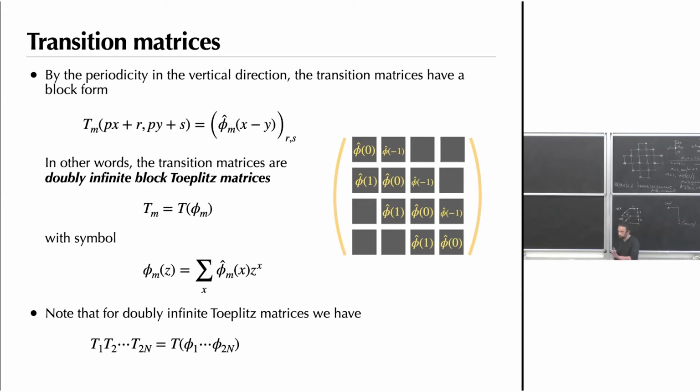It's important, doubly infinite. These are just the Fourier coefficients of the phi_m, and it's all matrix valued in this case, but scalar valued would just be a Fourier series. And the nice thing about these transition matrices is that if you take a product of them, it's just a Toeplitz matrix where you take the product of the symbols. That's an important property that we need.